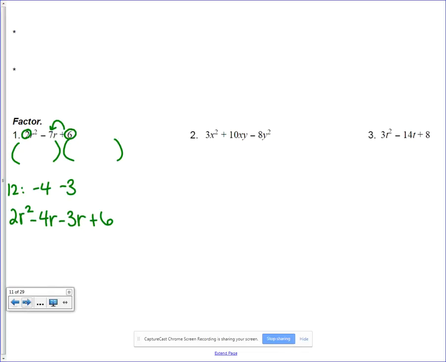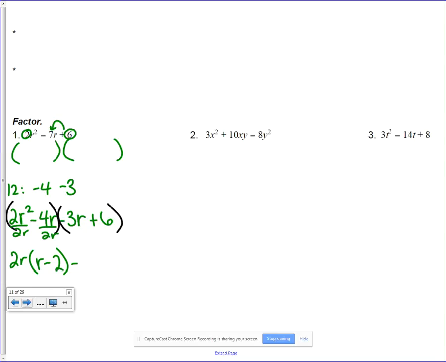Okay, now we're ready to group these. What can you take out of the first group? Good. So that means the 2r goes out front. What would be left over? Good. Now, this starts with a minus, doesn't it? So I got to start with a minus.